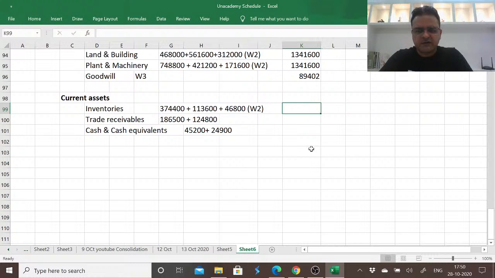So the total of inventories is 374400 plus 113,600 plus 46,800. The total of trade receivables is 186,500 plus 124,800. Cash and cash equivalent 45,200 plus 24,900.